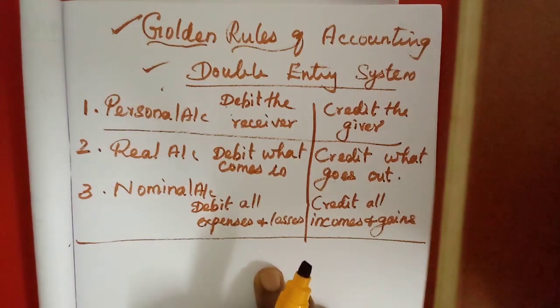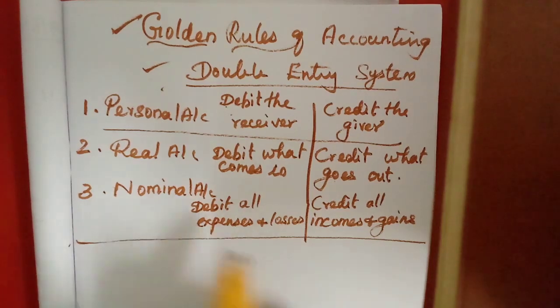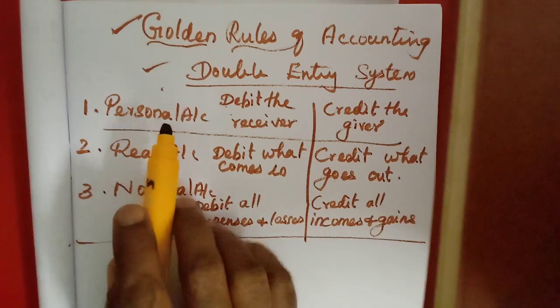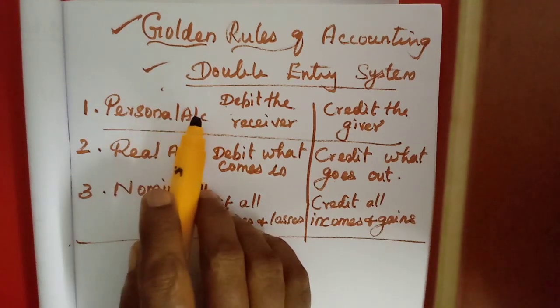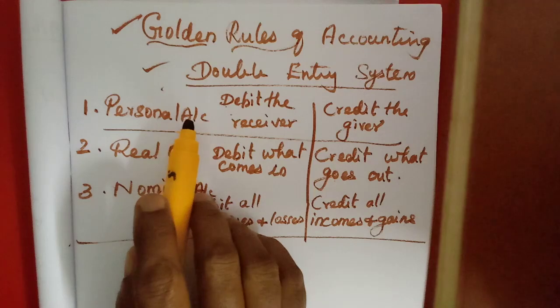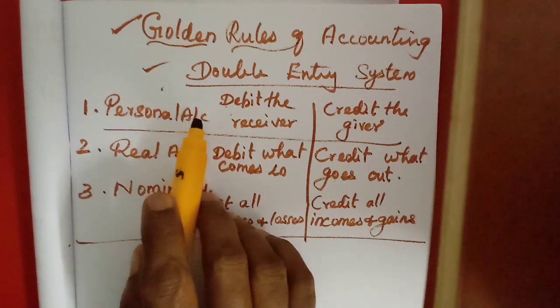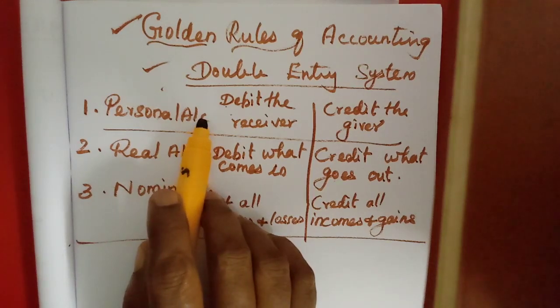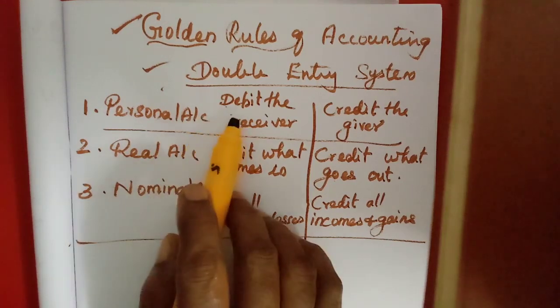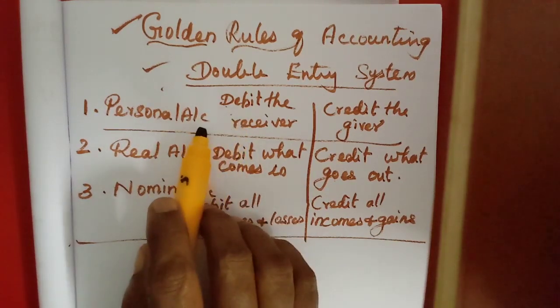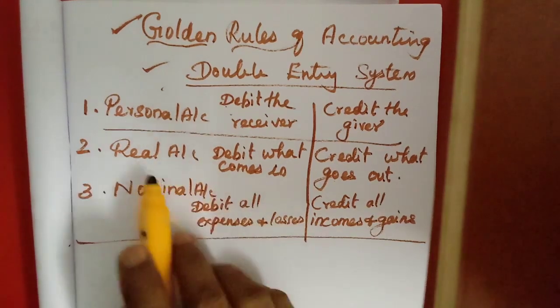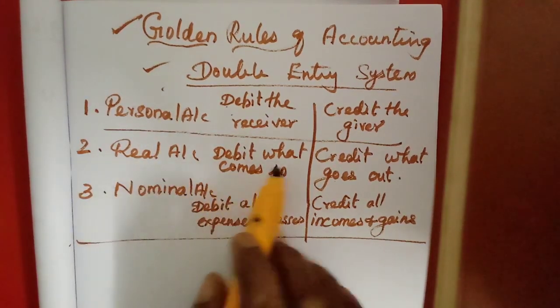So we have learned the three types of accounts. Personal account is again divided into three: natural person, artificial person, and representative person. Natural person, artificial person, which is all the organizations, and representative personal account, that is the outstanding or prepaid salary and income. Then the real account is all the assets and properties.